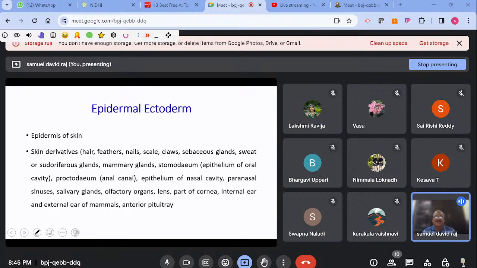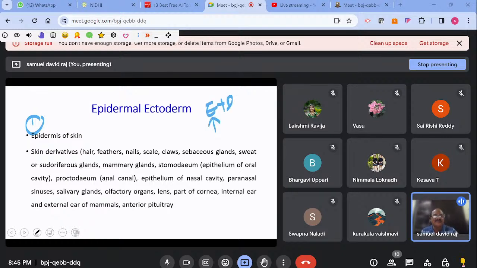The epidermal ectoderm gives rise to, the first thing, the epidermis of skin. So when you pick the skin and pull it, the one that is pulled out is what we call epidermis in general. Okay. So epidermal ectoderm gives rise to epidermis. The skin has epidermis plus dermis, isn't it?